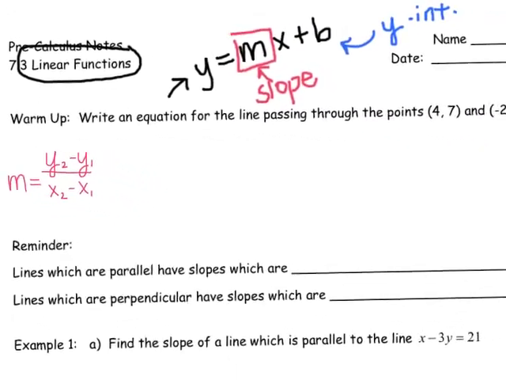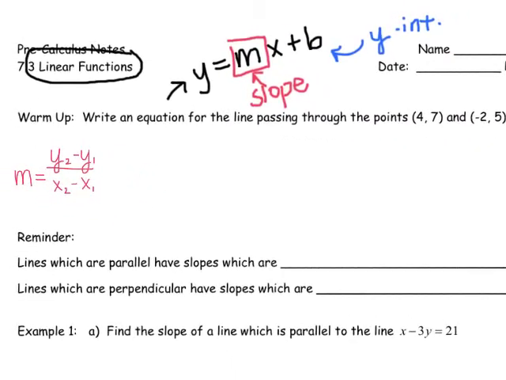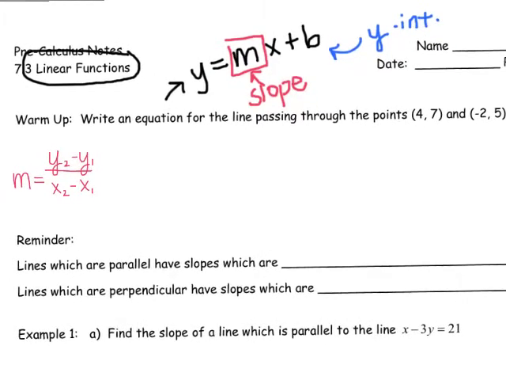Alright, so I need to look at those two points again, (4, 7) and (-2, 5). 4 is my x1 and 7 is my y1. -2 is my x2 and 5 is my y2.